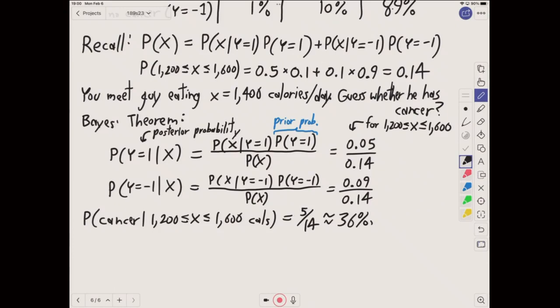So there's a way that we encode that called a loss function. These loss functions are very widely used in statistics.